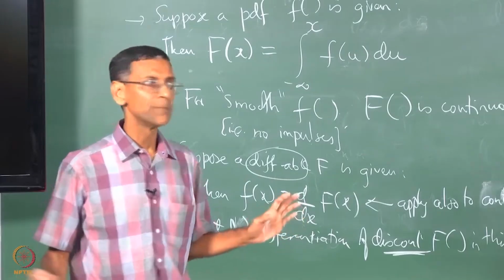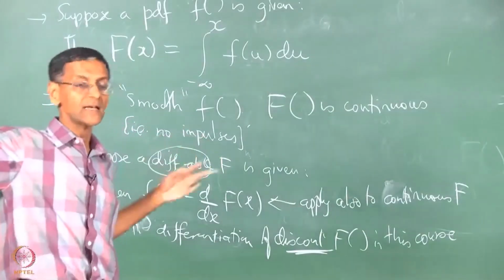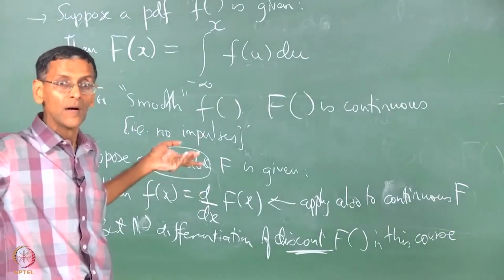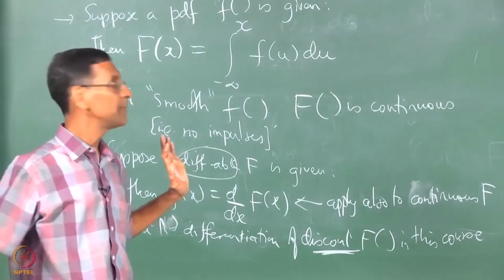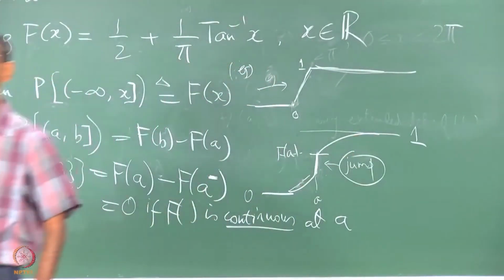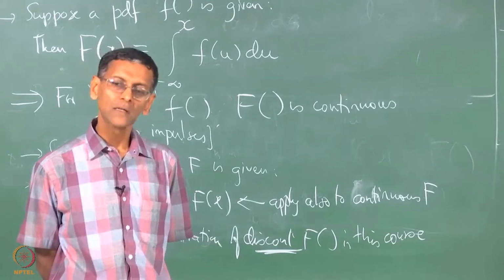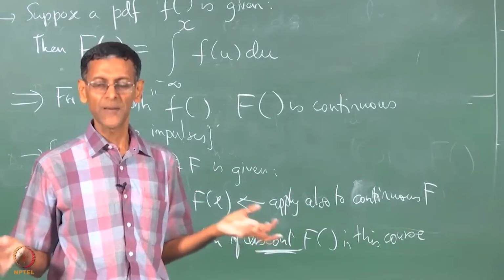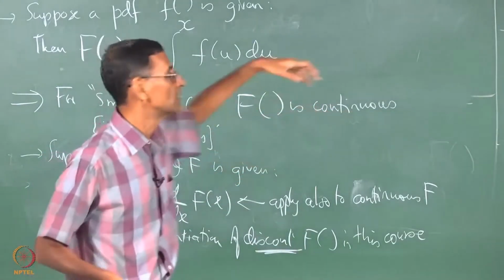Is this clear so far? The small PDF model is perfectly fine as long as you want a smoothly increasing CDF. For all such cases you can think of a PDF. If you want a PDF which is smooth in some portion, suddenly jumps in some other portion, and then again resumes smooth increase, then a PDF model runs into trouble, and you cannot expect any standard PDF to be useful in that situation.